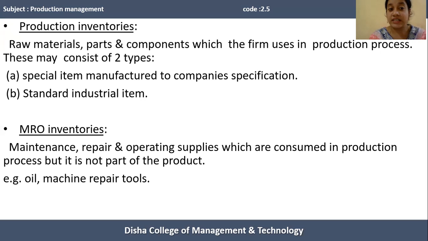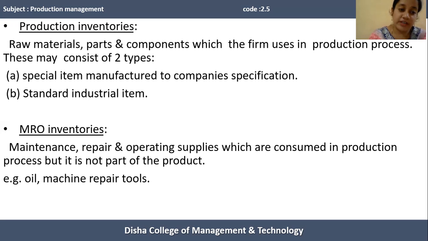That comes under this type of production inventory. Next, standard industrial items: there are certain items or spare parts which almost every manufacturer uses for producing a particular product. The item which is necessary for producing a particular product comes under the area of production inventories.